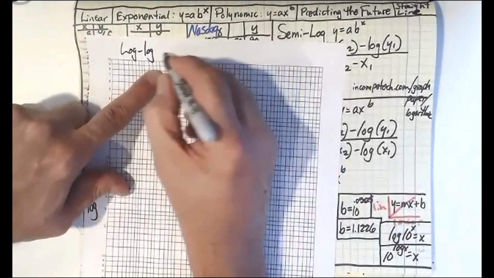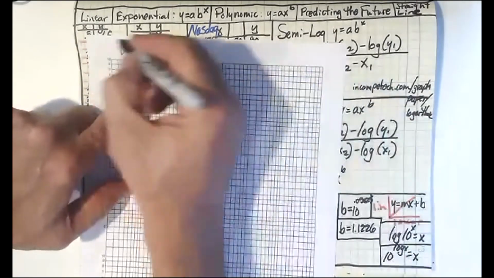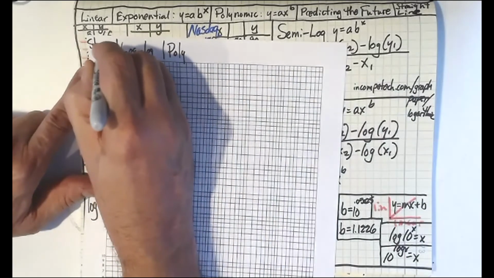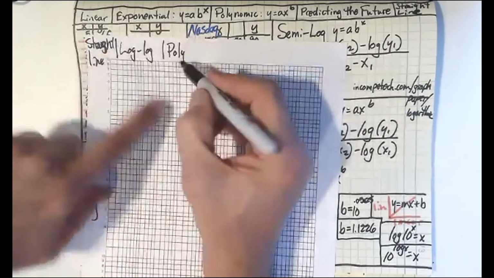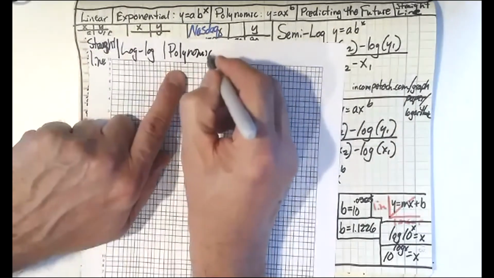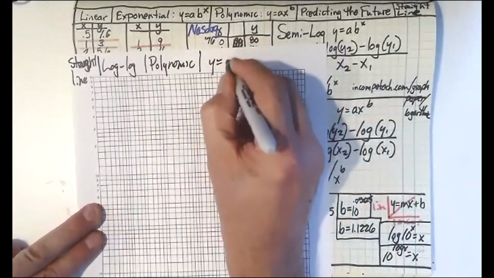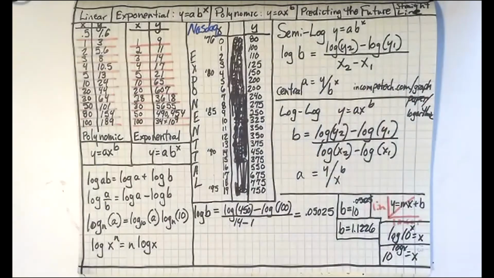If it's a straight line, always think of that disclaimer, it's a polynomic relationship. And that is, of course, of the y equals ax to the b form, okay?